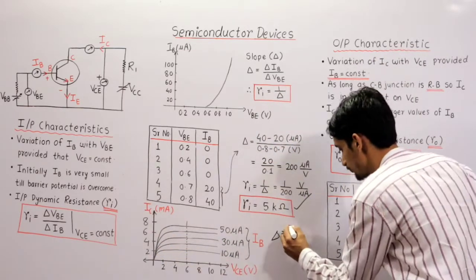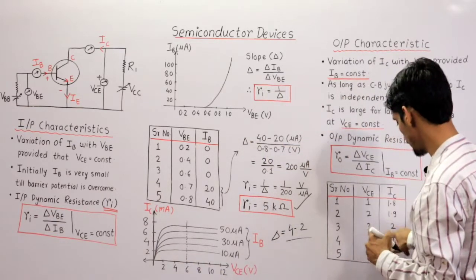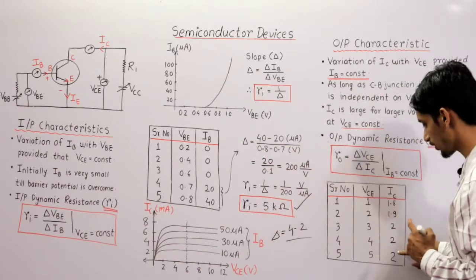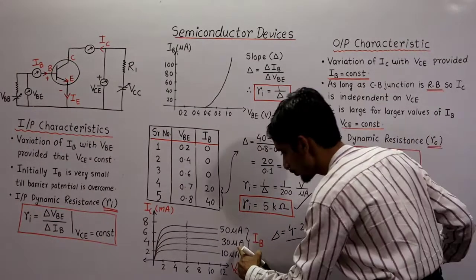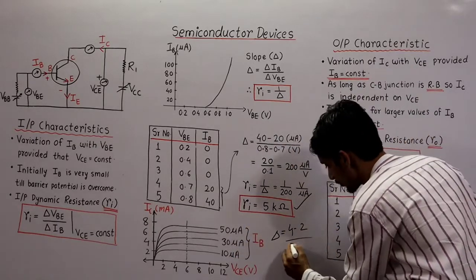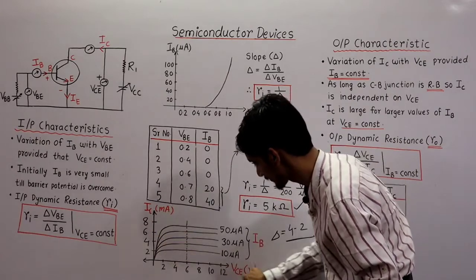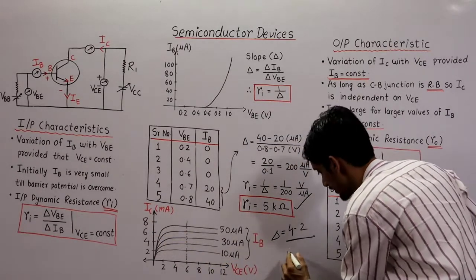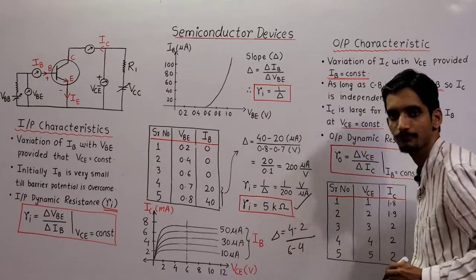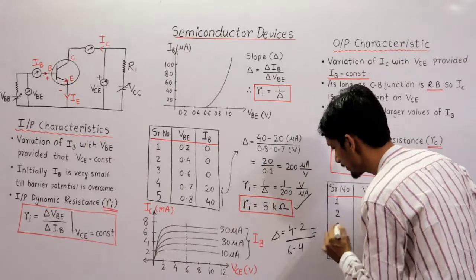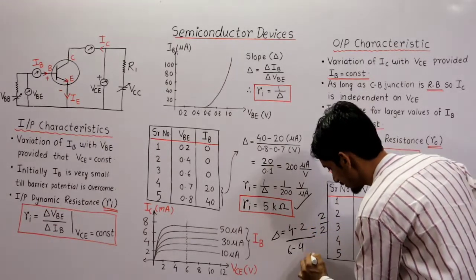Suppose collector current is 2 and 4 at this point, so 4 minus 2 upon change in x, which is VCE. Suppose 6 minus 4. If you calculate, it is 2 by 2, which is 1 slope.